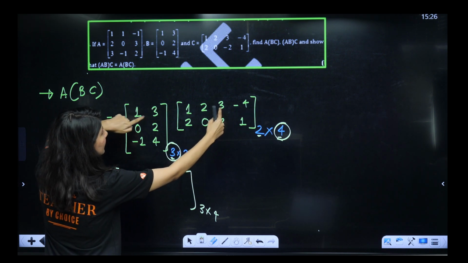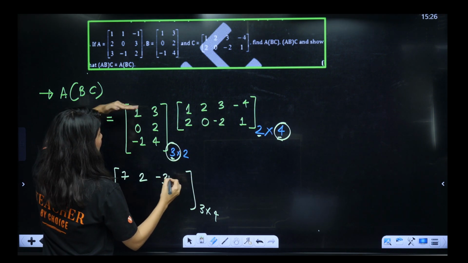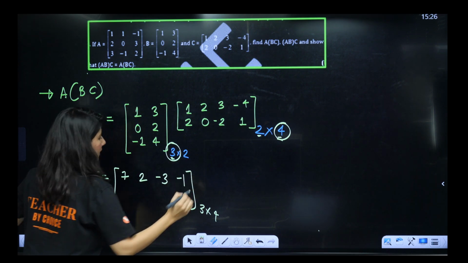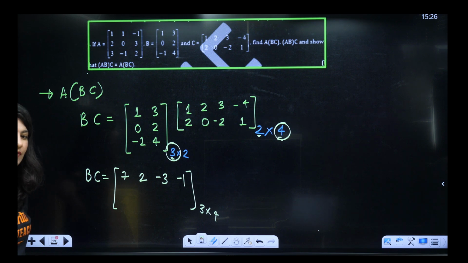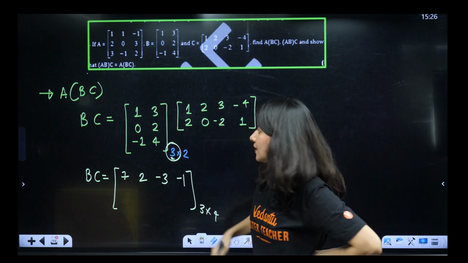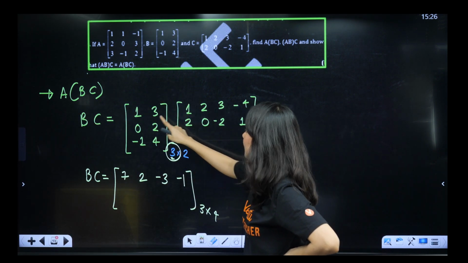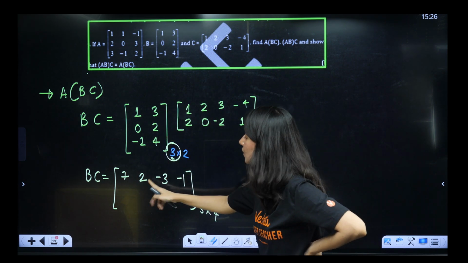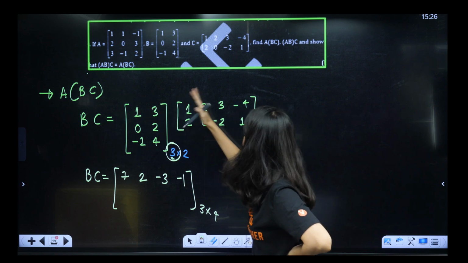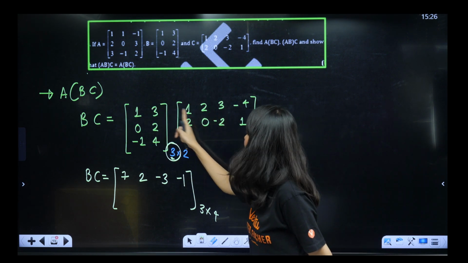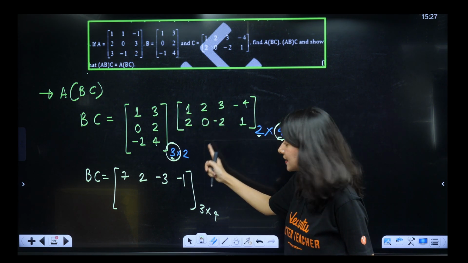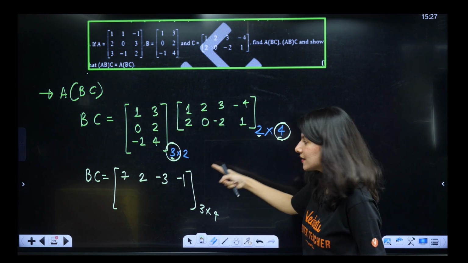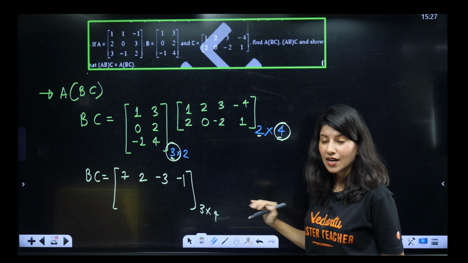Row 1, column 3: 3 minus 6, which is minus 3. Row 1, last column: minus 4 plus 3 is minus 1. Let me know whether you have got it or not. This is how you are going to get row number 1.